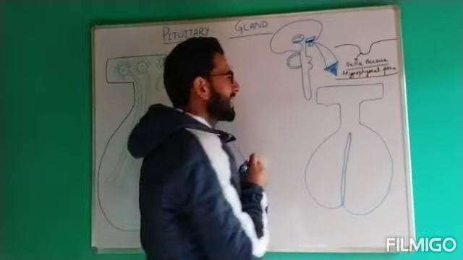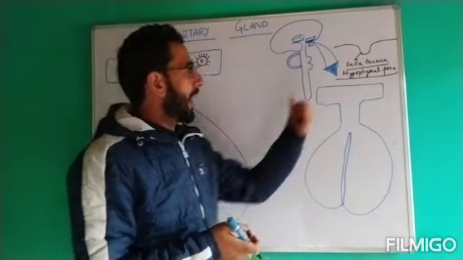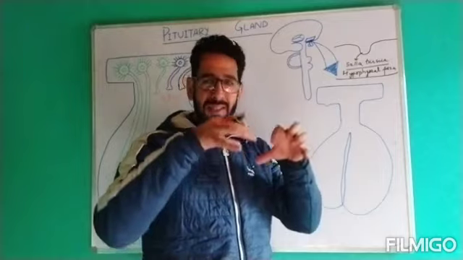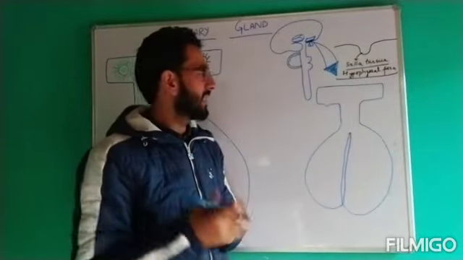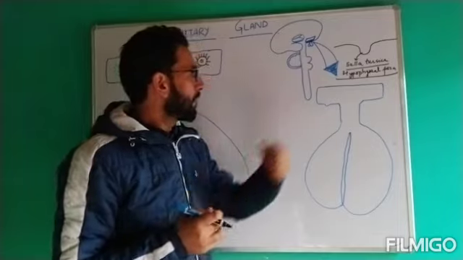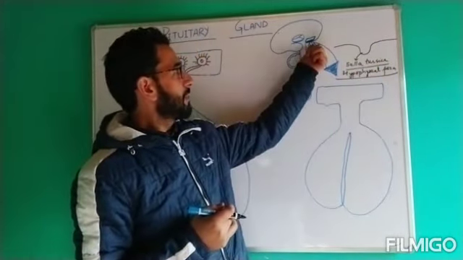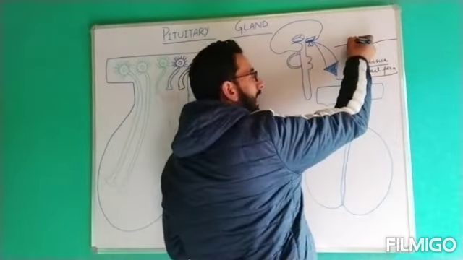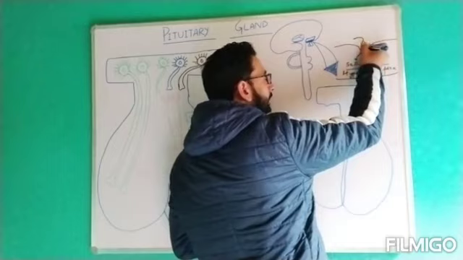Why is it named the hypophyseal fossa? Fossa is a depression, and hypophyseal means it contains the pituitary gland, because hypophysis is the name of the pituitary gland. So this pituitary gland is located in the sella turcica.